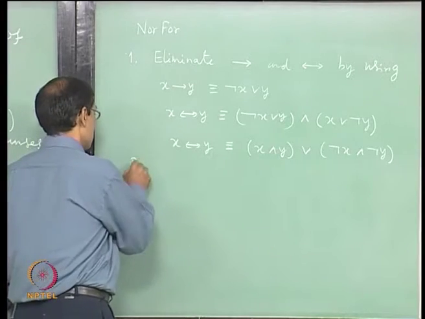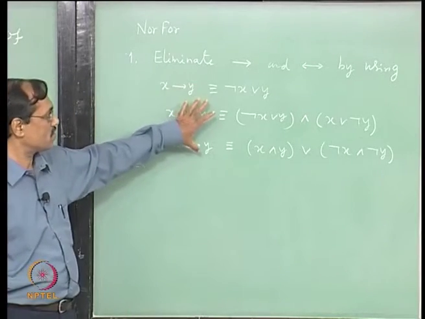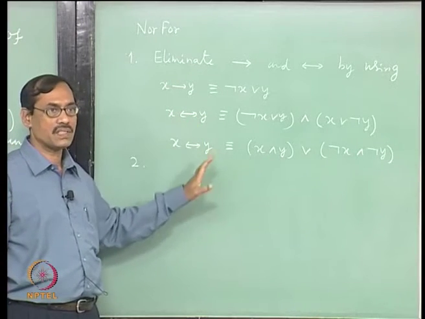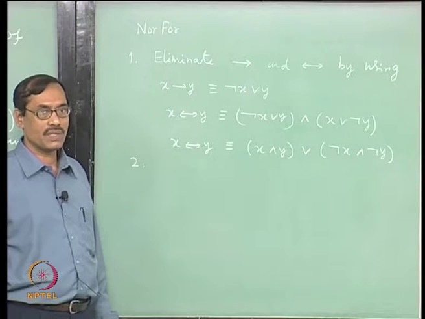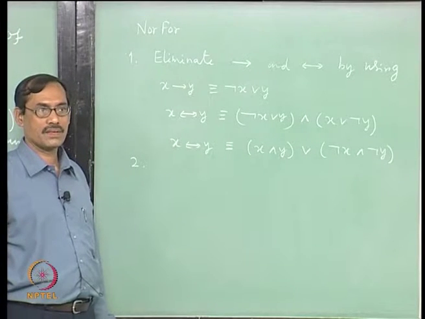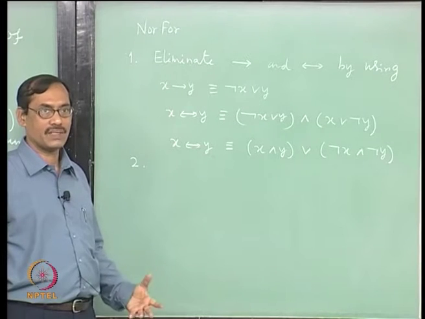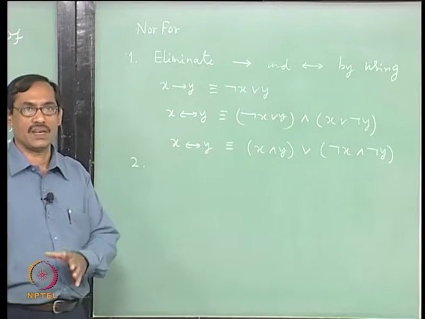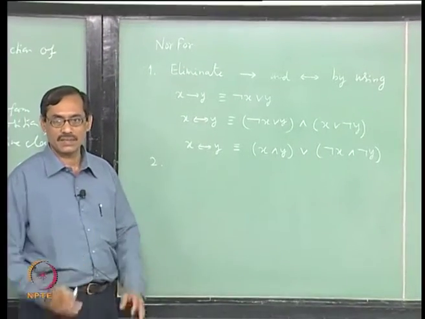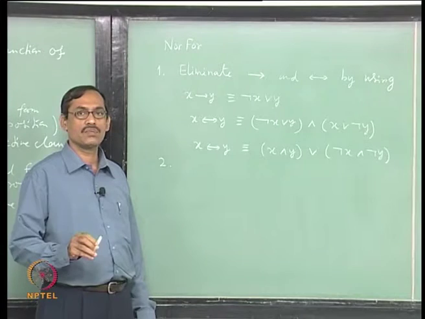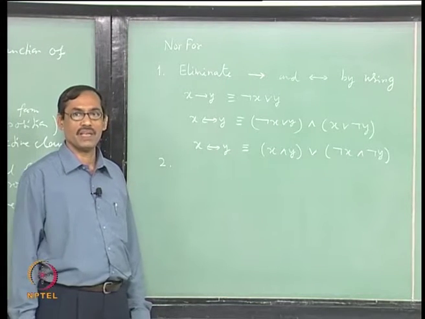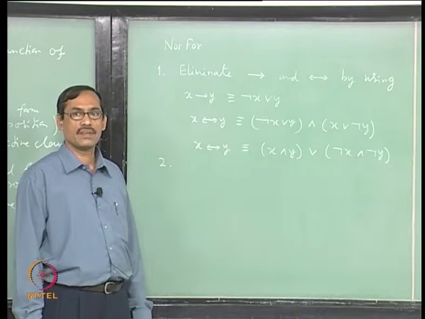So, second thing is, now once you have applied this step, your proposition does not have the symbols implies and biconditional. Then what should we do? See, all that we want is a conjunction of disjunctions of literals or a disjunction of conjunctions of literals. So, we need literals, that means negation symbol should not come anywhere else except near the propositional variables. Okay.